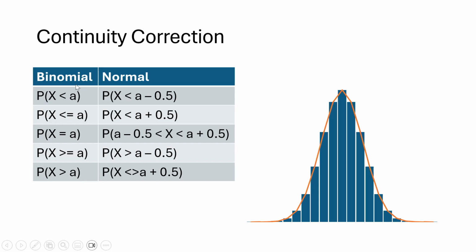The formulas are given here, where we consider, let's say, if you want to find the probability of x equal to a, let's say a be this number.